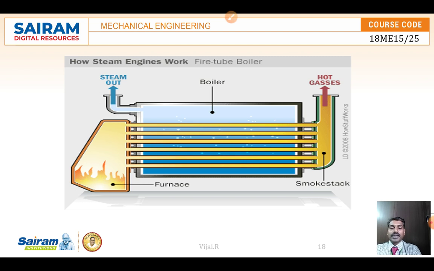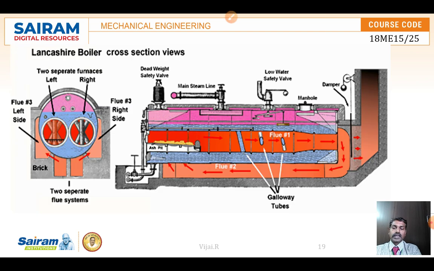The water gets the heat from the hot flue gases and becomes steam. The steam outlet is on one side and the water inlet is on the other side, and the hot flue gases produced in the furnace escape through the smoke area.